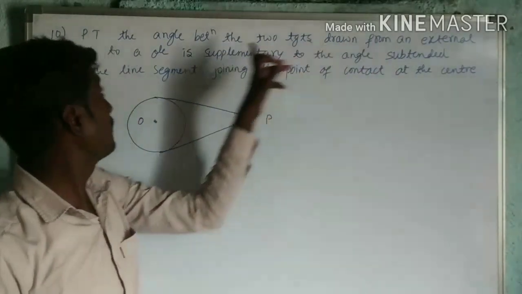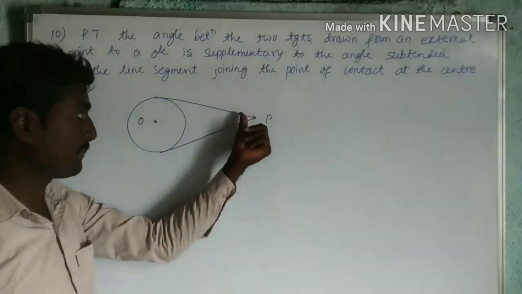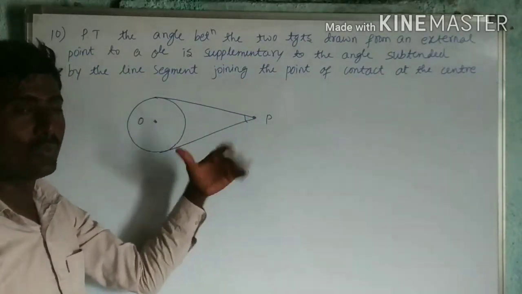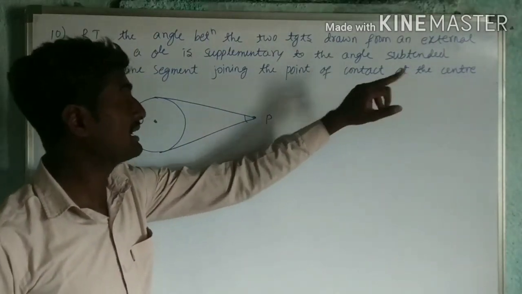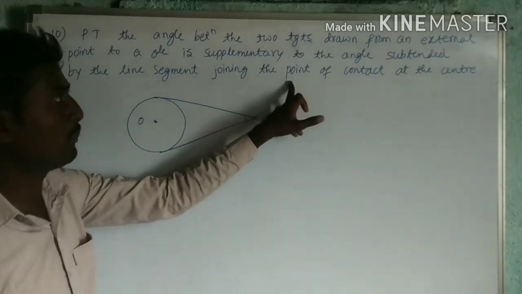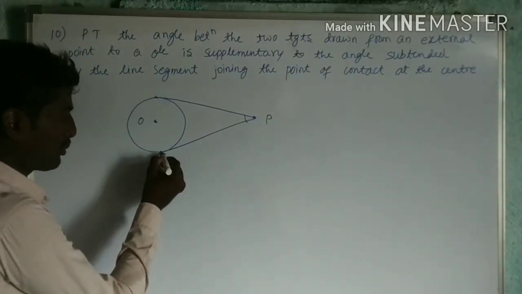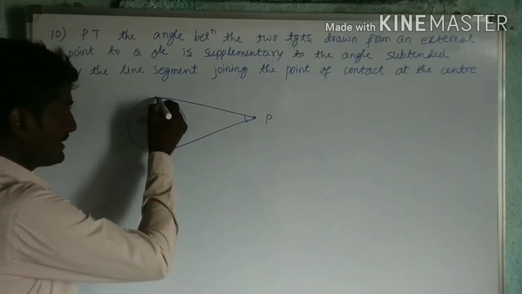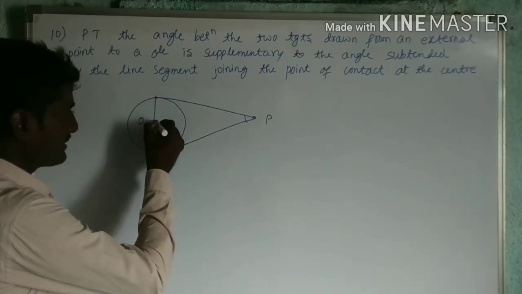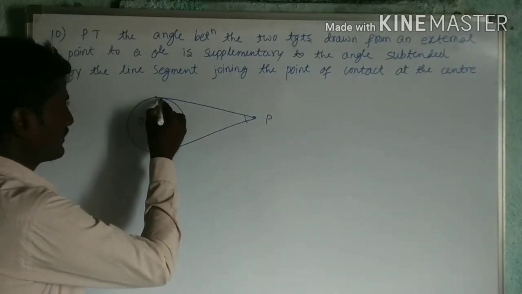From external point to a circle is supplementary to what? To the angle subtended by the line segment joining the point of contact at the center. So these are the 2 points of contact. This is joined by the center with the line segment.